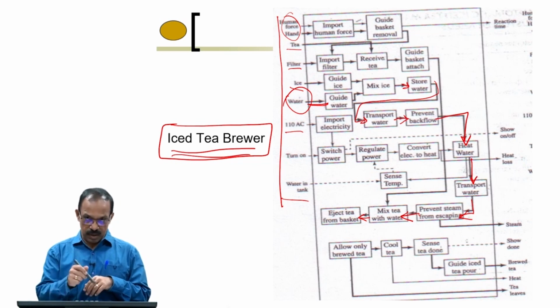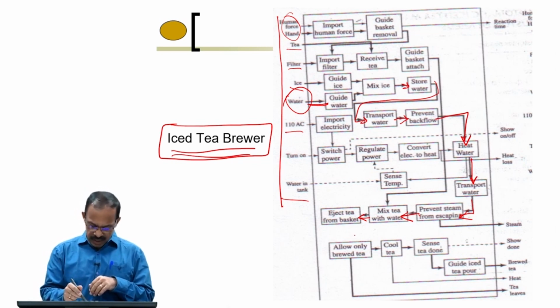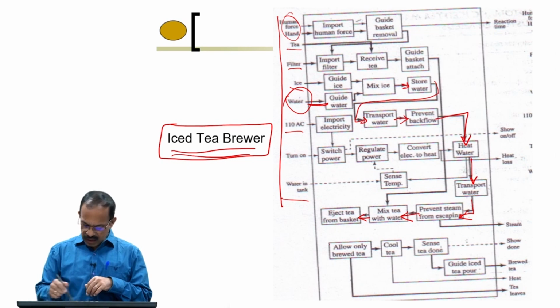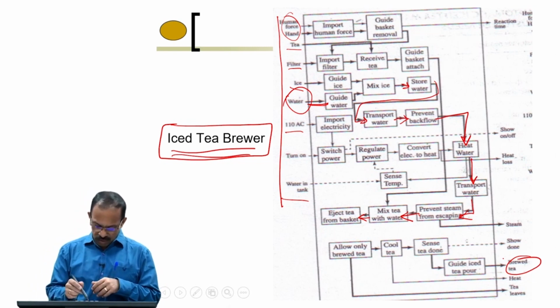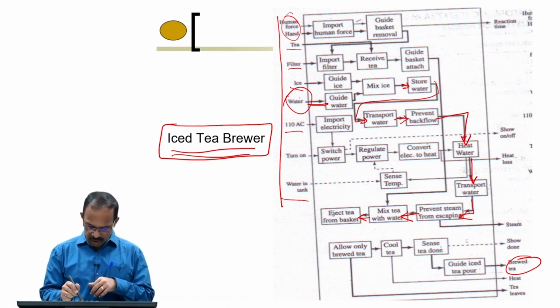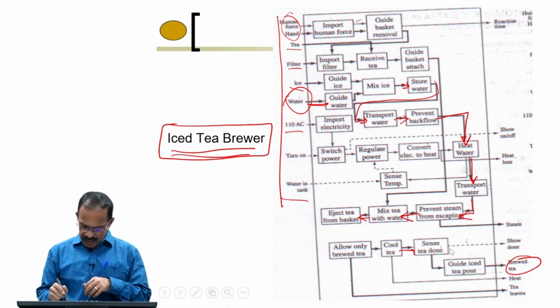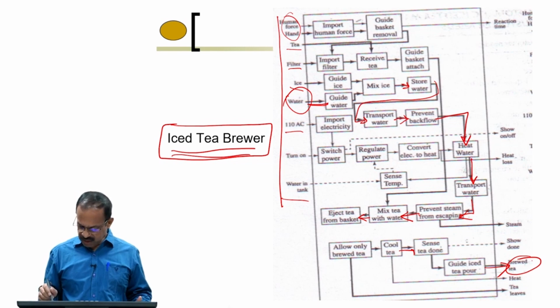So, that is the brewed tea coming out, eject tea from the basket. It is not coming from the machine per se, and then we will see how this has to be delivered to the customer. You will see that the brewed tea is coming as an output here. From here you allow only the brewed tea through a filter, then cool tea, then sense tea done, and then guide iced tea to pour. That is how the tea is coming out.